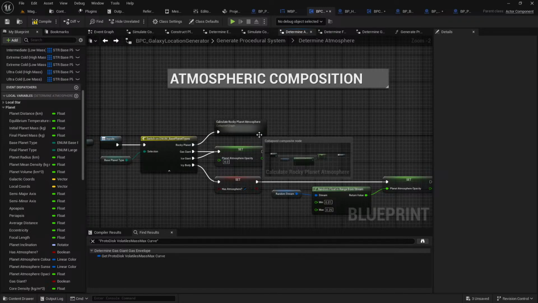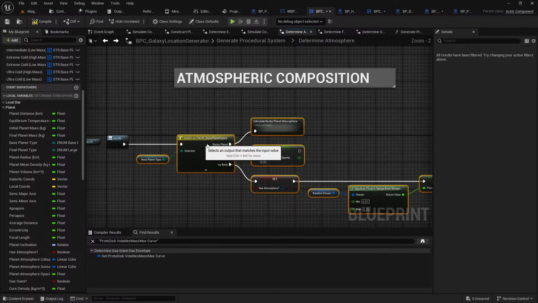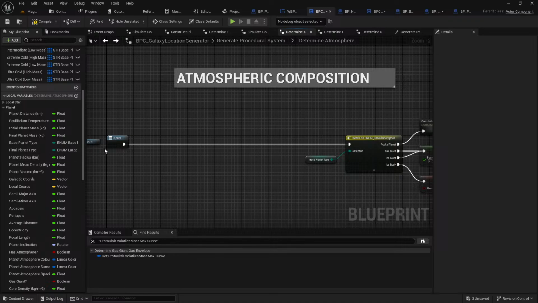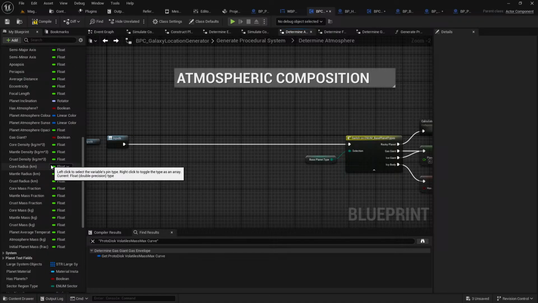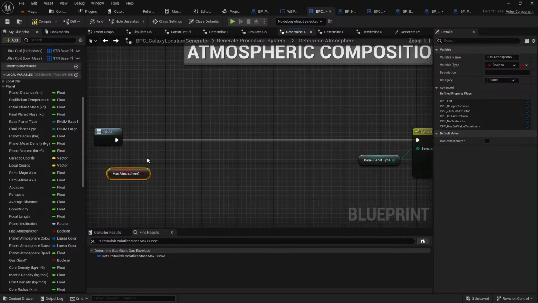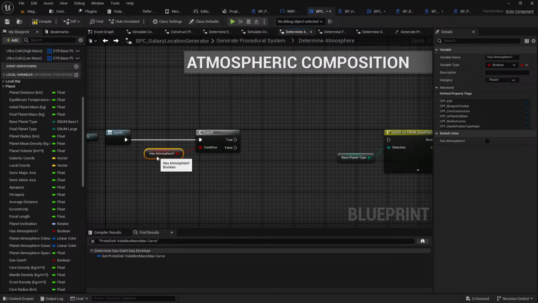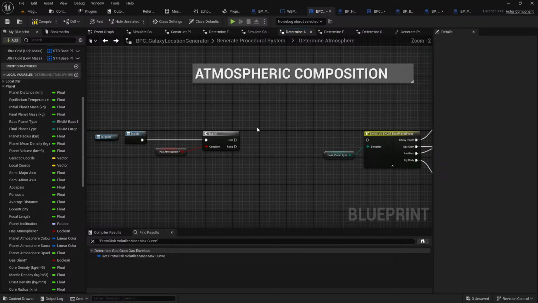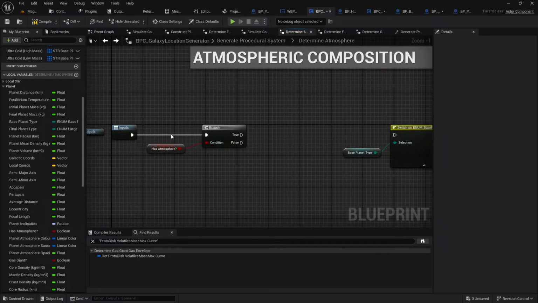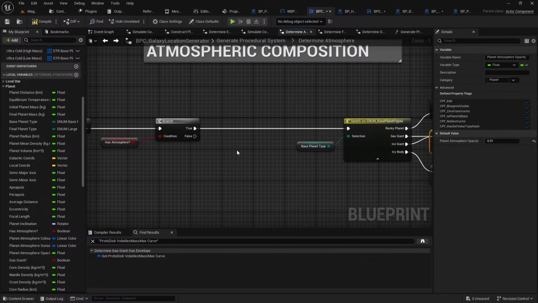So that's just randomizing the opacity. So usefully, because we've already determined this, we don't need to do any of that.